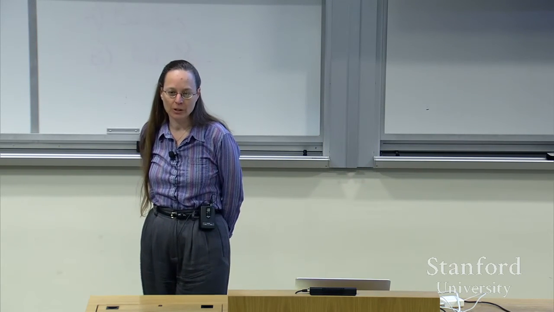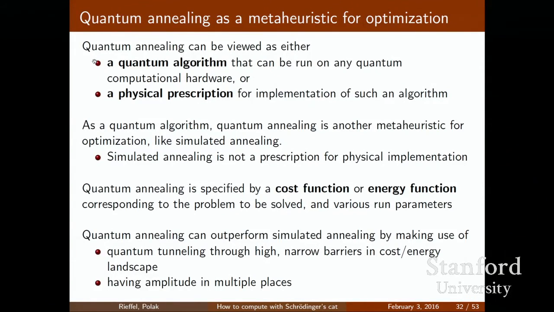So what is quantum annealing? It's a meta-heuristic for optimization, like simulated annealing or other optimization techniques. When people say quantum annealing, they can mean different things. In one case, it can mean what I just said, a quantum algorithm that's a meta-heuristic for optimization. In other cases, they mean an actual physical prescription for how to implement such an algorithm.